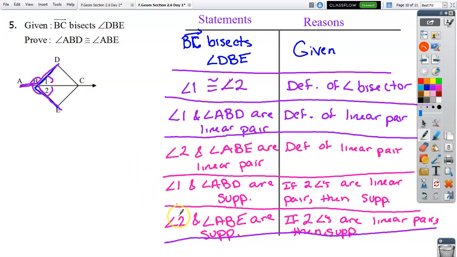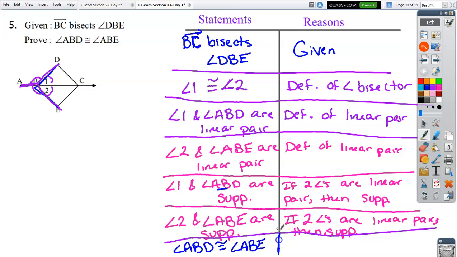We know that angle 1 and 2 are congruent because they were bisected by BC. So, angle ABD and angle ABE are supplementary to two congruent angles. So, by that theorem, we know that angle ABD is congruent to angle ABE.